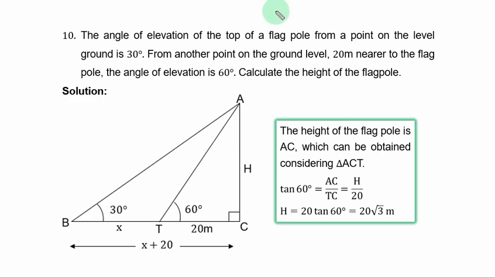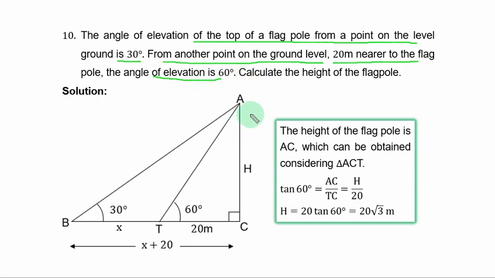Example 10. The angle of elevation of the top of a flagpole from a point on the level ground is 30 degrees. From another point on the ground level 20 meters nearer to the flagpole, the angle of elevation is 60 degrees. Calculate the height of the flagpole.